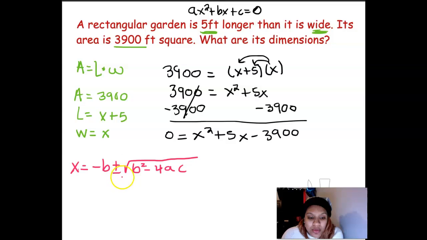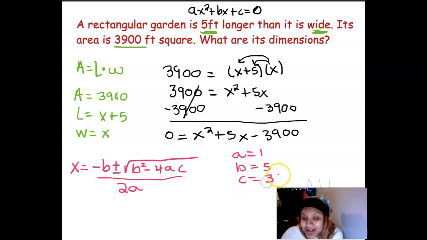Negative b plus or minus the square root of b squared minus 4 times a and c, divided by 2a. So my a is 1, my b is 5, and my c is negative 3,900. Now I'm going to substitute all the values I know into the formula.